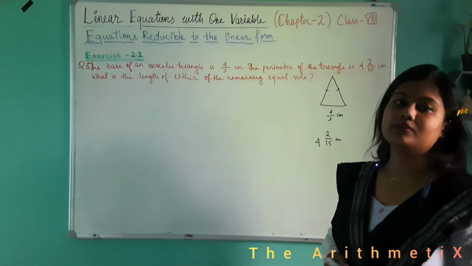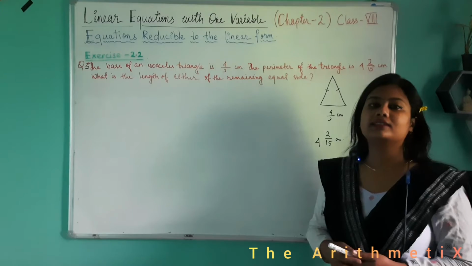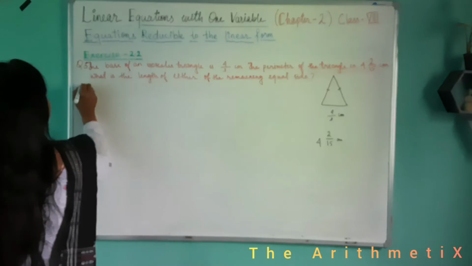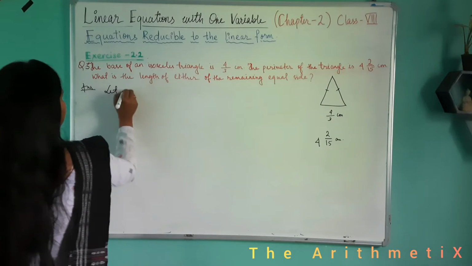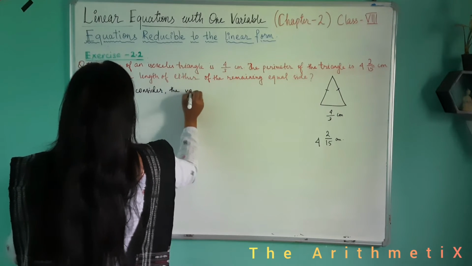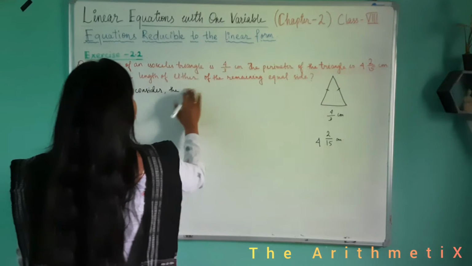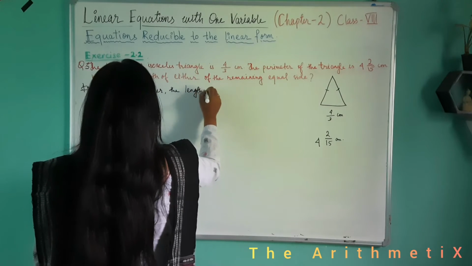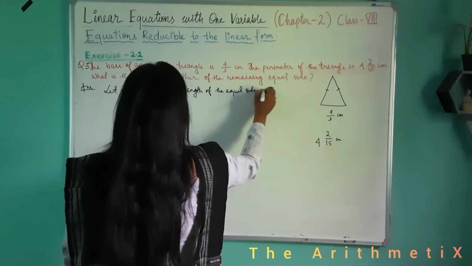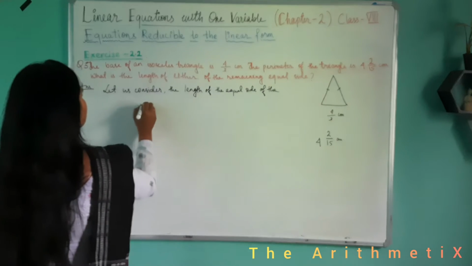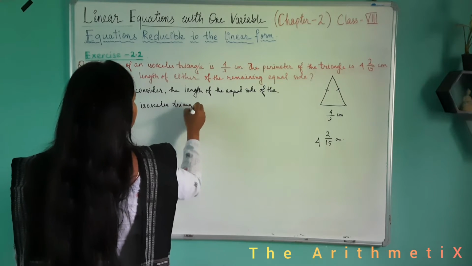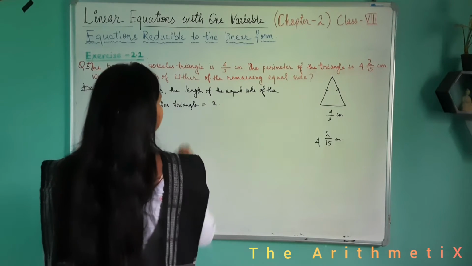In the equation chapter, the value you don't know is to be taken as x, the variable. So let us consider the length of the equal side of the isosceles triangle is equal to x.